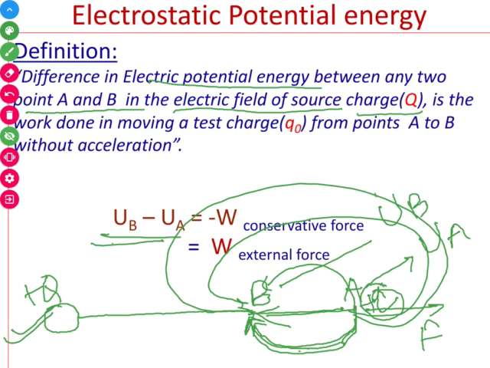So in that case the work done in moving charge from A to B is equal to the difference in the potential energy between these 2 points.